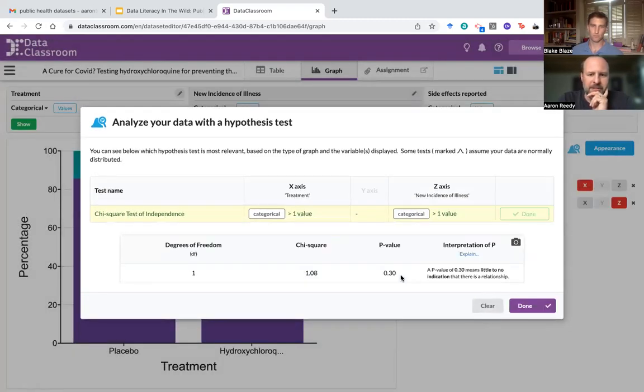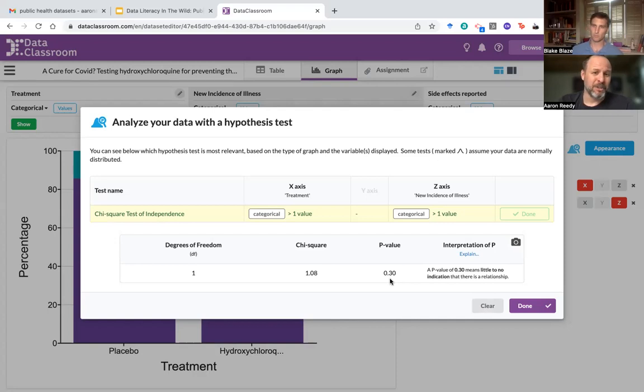And when we do this, we get a p-value, a probability value, of 0.30, indicating that we would expect a difference between groups of this magnitude due to random chance roughly 30% of the time. The cutoff for making scientific conclusions is often 0.05.